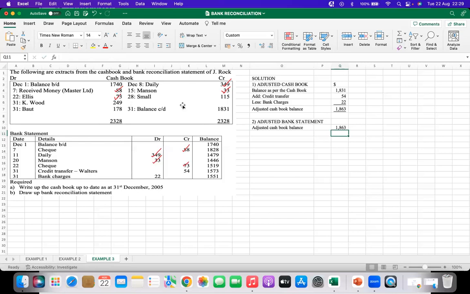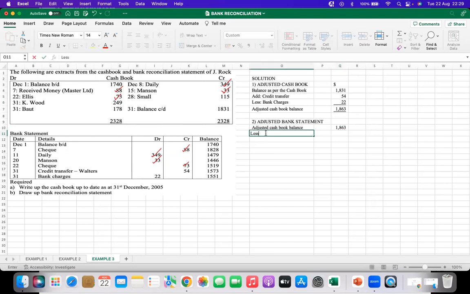So let's start with the debit side. There is the K hood. What does that mean? For it to appear on the debit side of the cash book, it means these are checks that were received. So because they were received in the bank, we should be deducting it. It's a credit entry in the bank. We are in the bank statement now.